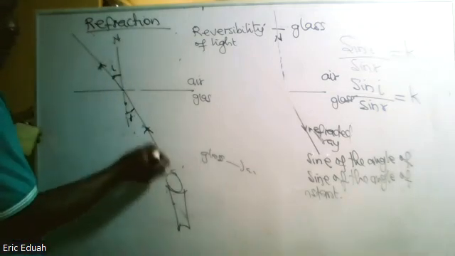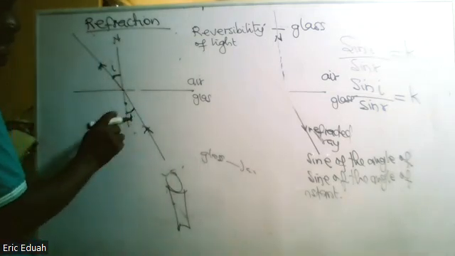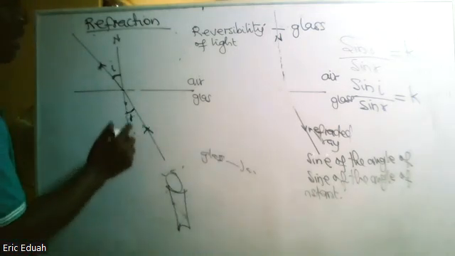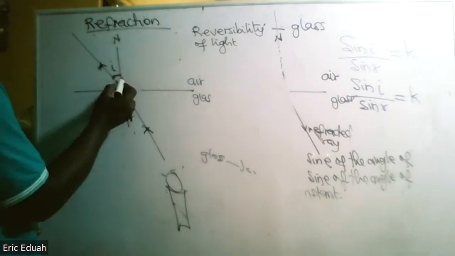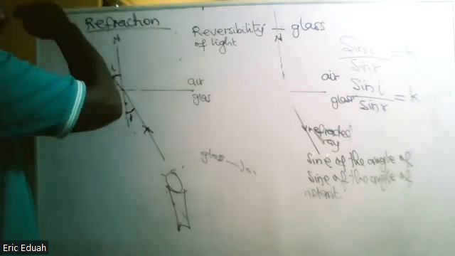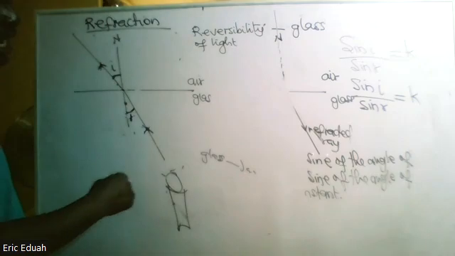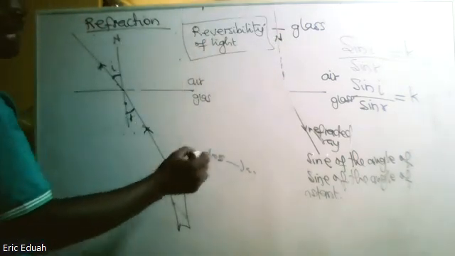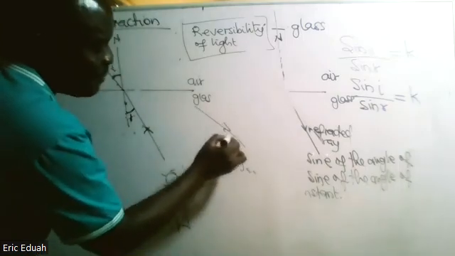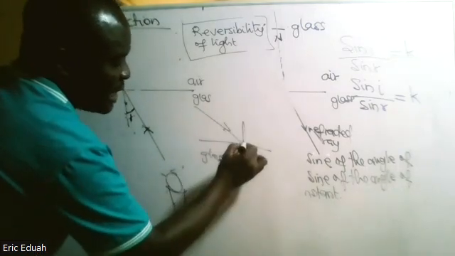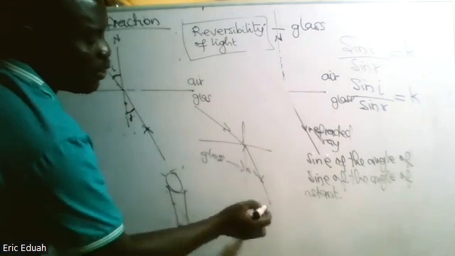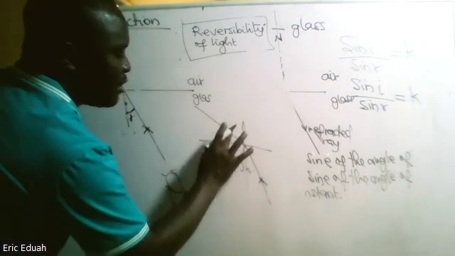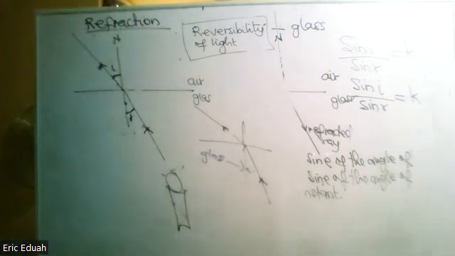It will take the same path so long as you give it the same angle of incidence as the angle of refraction, and then it will also give you the same angle of refraction as the angle of incidence. And this is what we term the reversibility of light. Meaning, if you are moving from here to here, whatever you get will be the same as when you are moving from here to this part.